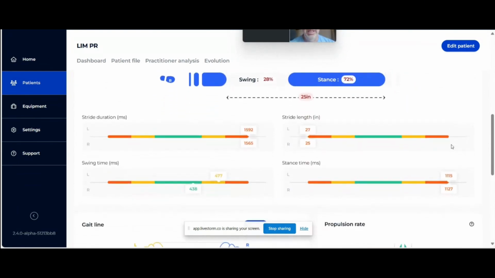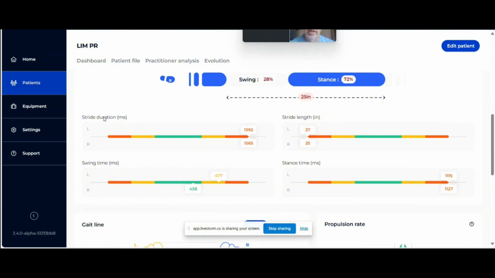And if I bring this down, now it breaks it up a little bit further. So again, using the same color profile to let us know if it's normal, kind of not normal, and outside the range. But what's unique with this system is it tells me whether it's on the high end or the low end. So you don't have to memorize those particular factors.